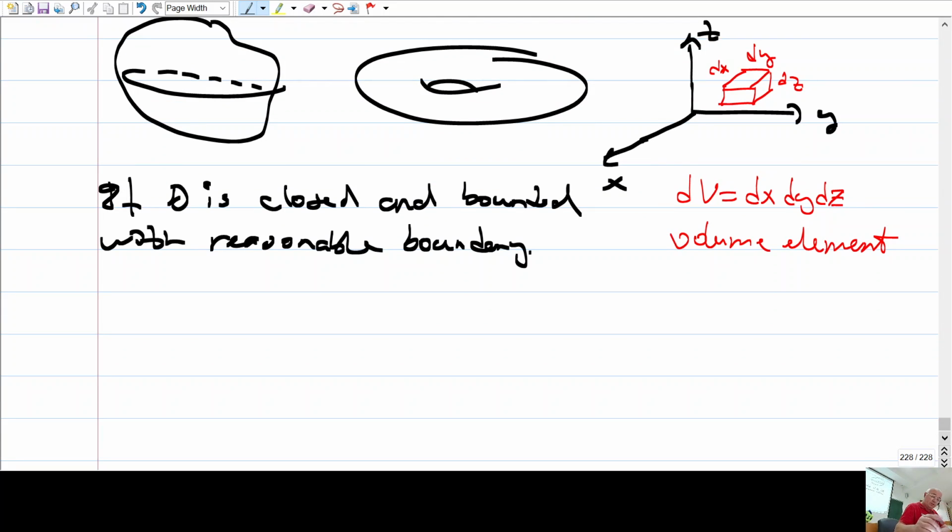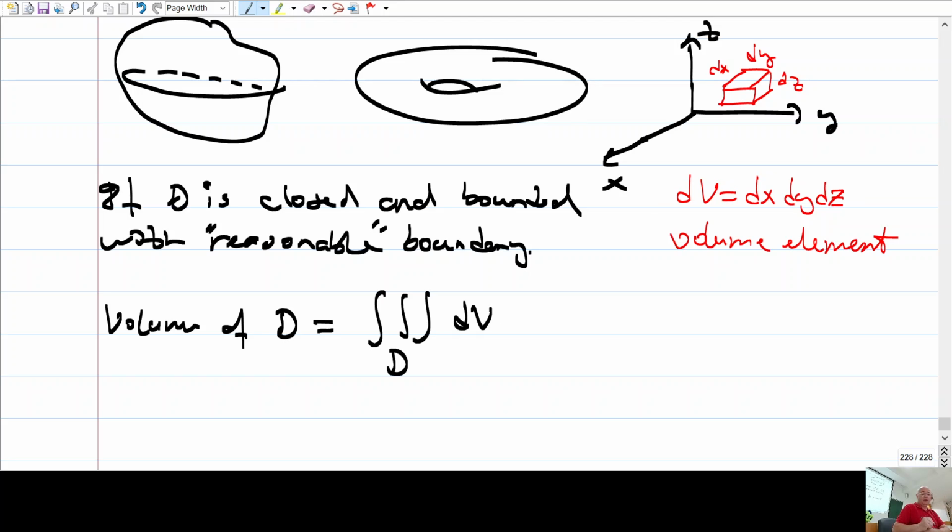However, we will not consider those. So if it is a domain with reasonable boundary, then the volume of D is nothing but the integral of dv over the domain.